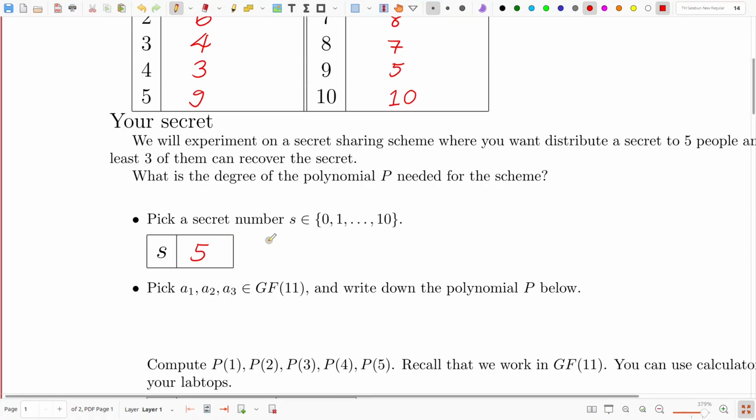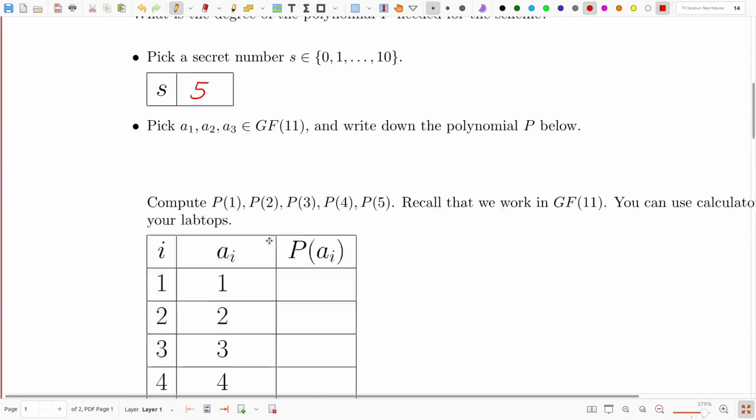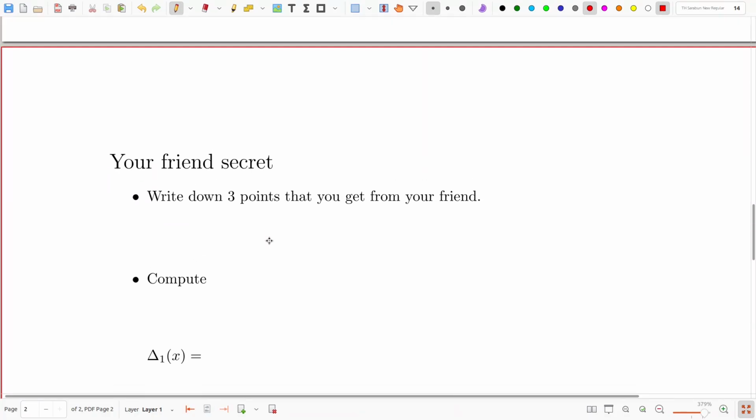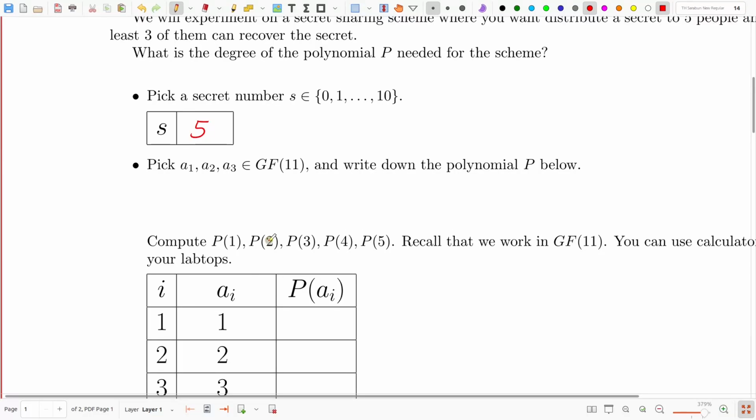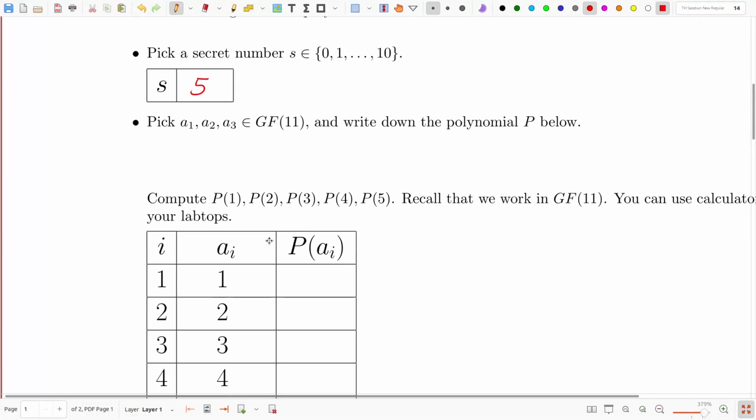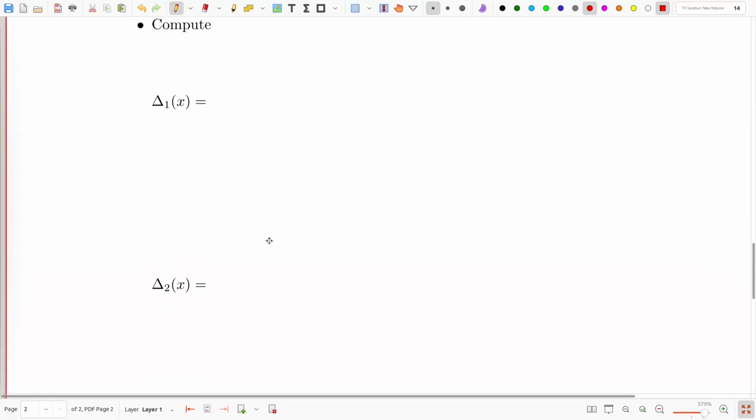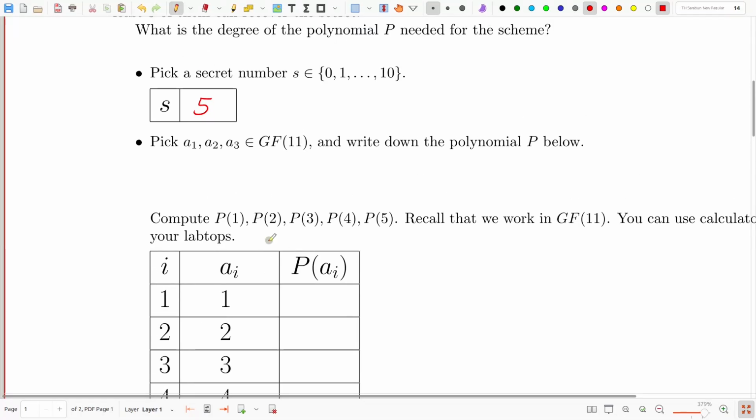We want a polynomial of degree 2, because you get 3 points, 3 people. So you want a polynomial of degree 2 that if evaluated at 0 gives you 5.